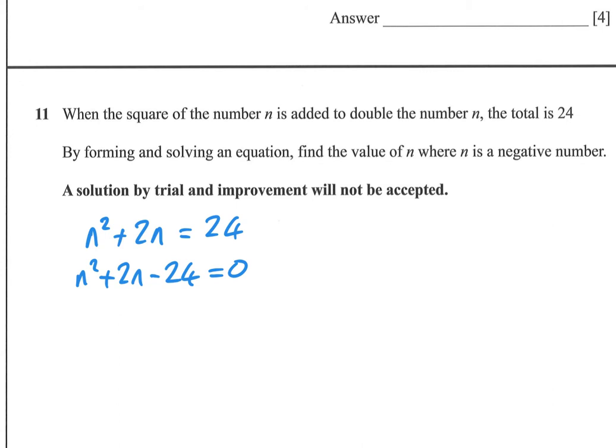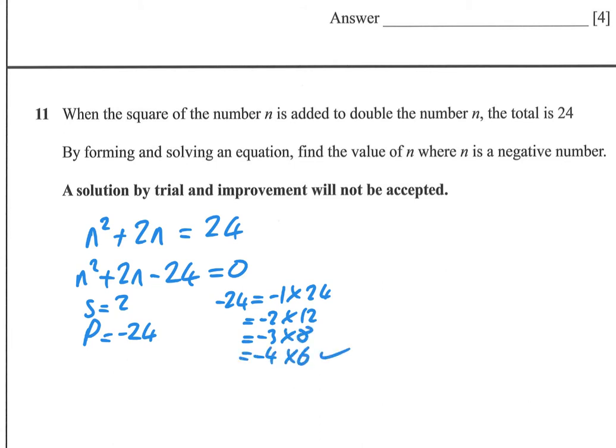and then we will factorize this. So using your sum and product method, my sum is 2, my product is minus 24. So we'll just go through minus 24 and all the ways we can get it. Minus 1 times 24, minus 2 times 12, minus 3 times 8, minus 4 times 6, and there we have it. So it's just going to be (n minus 4)(n plus 6) is equal to 0.